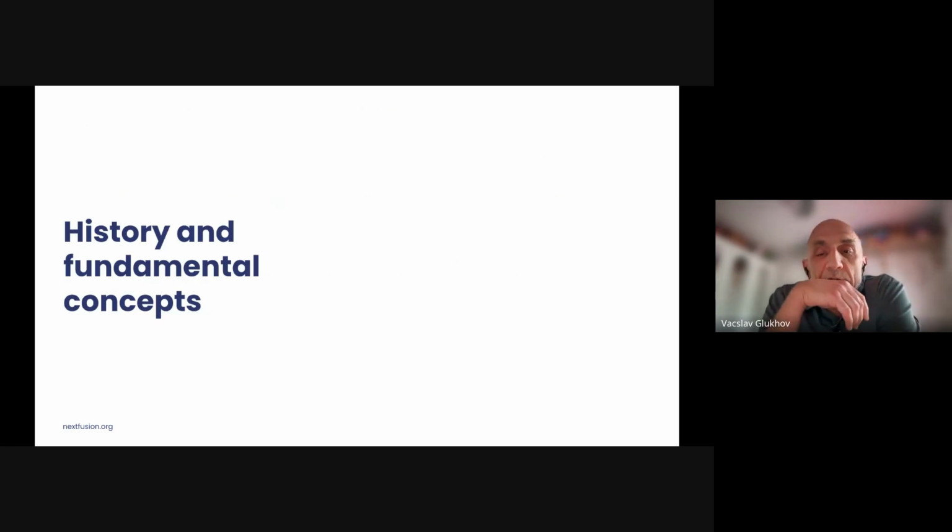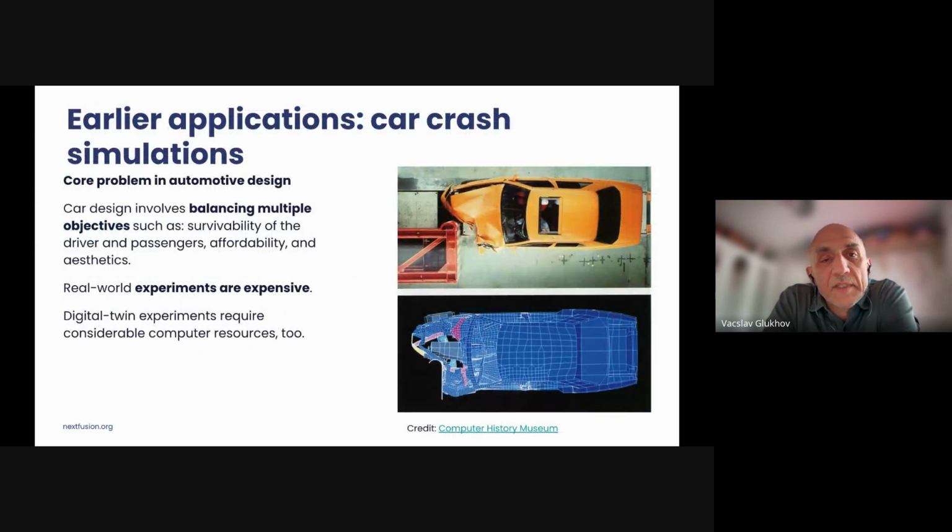A little bit of history and fundamental concepts. Most complex engineering problems have multiple objectives, and the solutions are inevitably trade-offs. The history of optimization is a very long history.